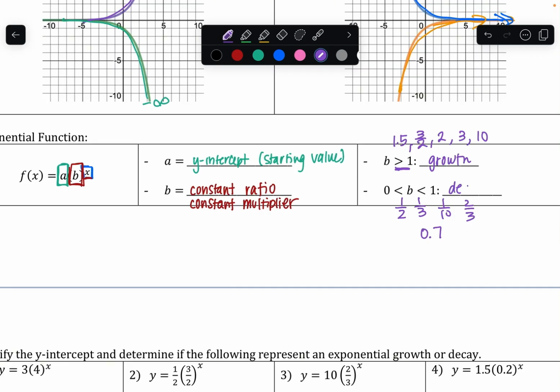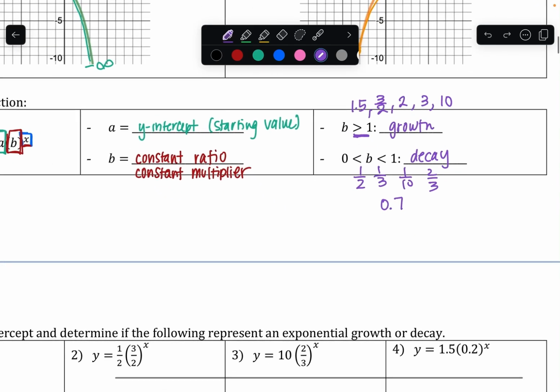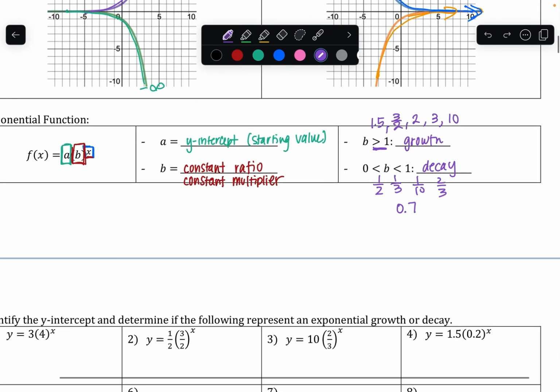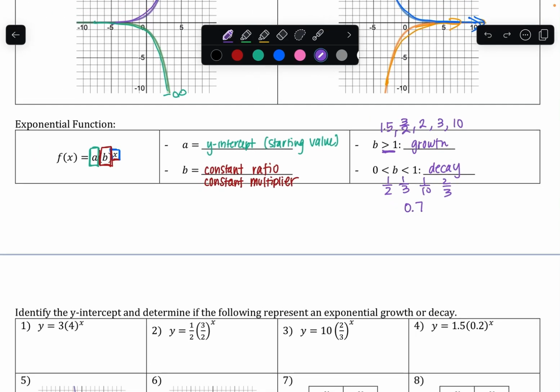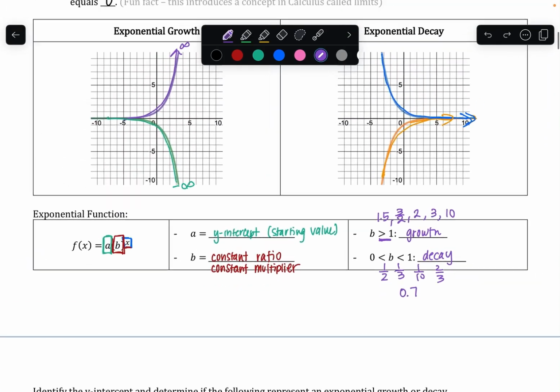That's going to be decay. Because if you think about multiplying by 1/2 each time, you're cutting that number in half. And so you're getting closer and closer to 0. So anytime you're multiplying by a number smaller than 1, you're actually dividing, which is going to cause you to approach 0 instead of move away from 0.